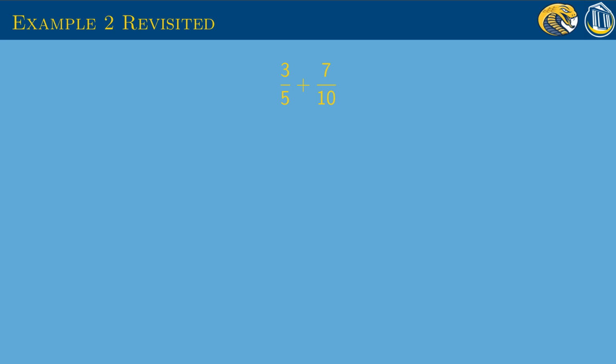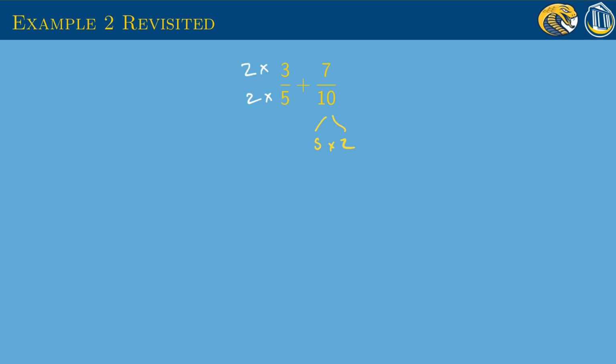Instead of multiplying our denominators together in order to find a common denominator, we can see if there are any smaller common denominators we could use. Specifically, we know that 10 is 5 times 2. We already have a 5 over here in our left denominator, and so if we multiply it by 2, that would give both our denominators 10.